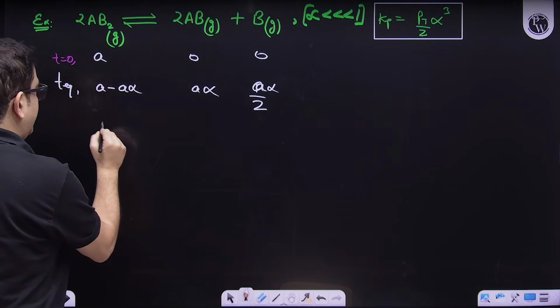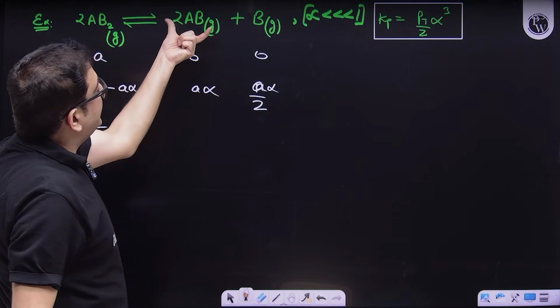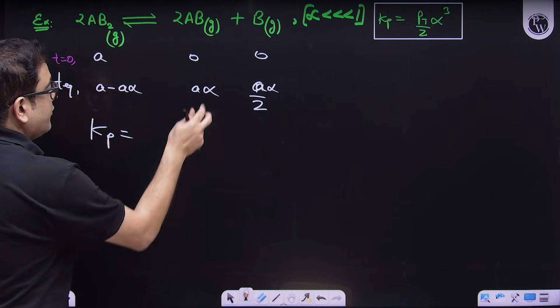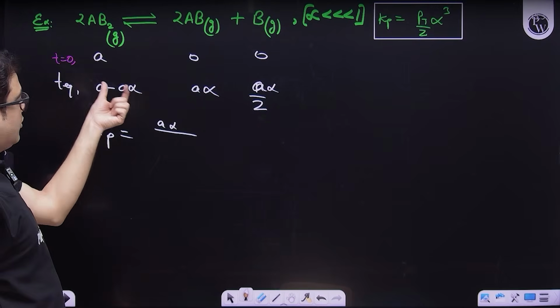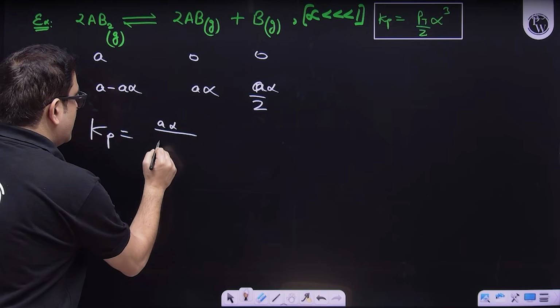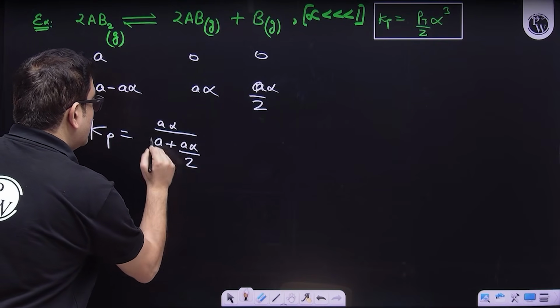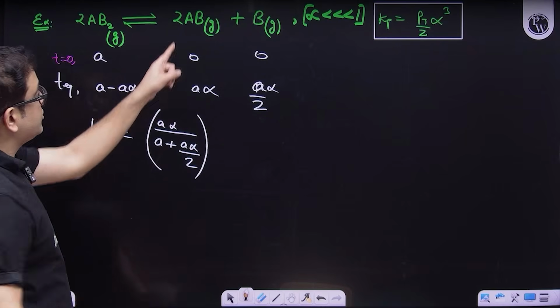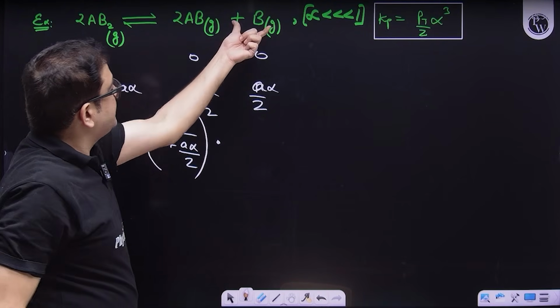So can you tell me how to write Kp? Yes sir. Partial pressure of AB. What is the partial pressure of AB? Its moles upon total moles. What will be total moles? This plus this plus this. A alpha will get cancelled. We will get A plus A alpha upon 2. This is partial pressure of AB raised to the power 2, into, what is the partial pressure of B, sir?